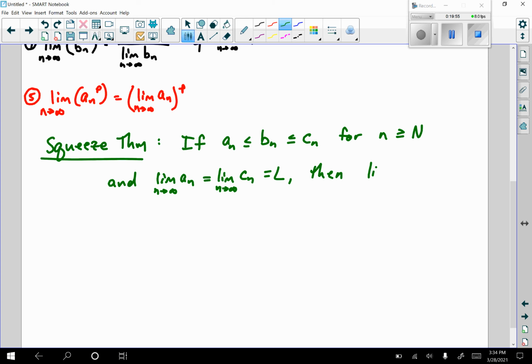Then the limit of b sub n as n approaches infinity is equal to L. So it says b sub n better go to L as well if it's in between and these two are equal.